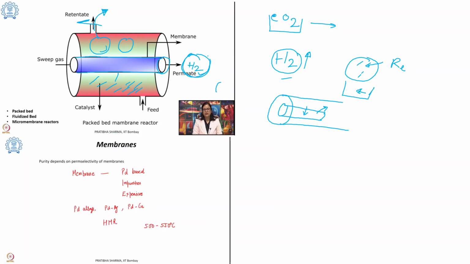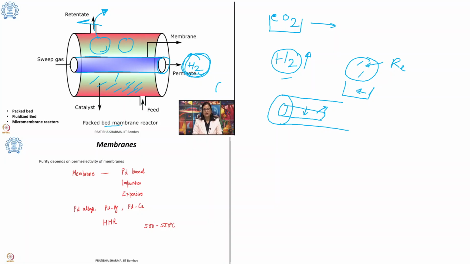We can also produce this as cleaner hydrogen through membrane separation. The ultimate motto is just to separate one product such that the rate of the kinetics will be higher.